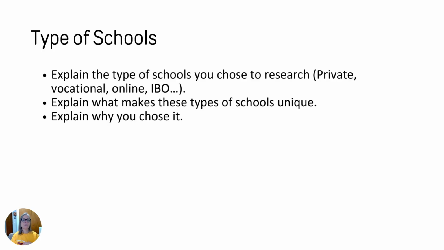So maybe you chose International Baccalaureate because you've heard it talked about, but don't really know what it is. Or maybe you chose charter schools because you hear people talk about them, but you're not really sure what they are. Or it just sounded interesting to you. So explain why you chose the particular type of school that you did.